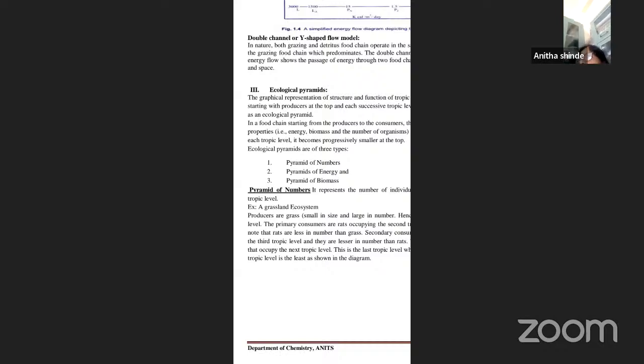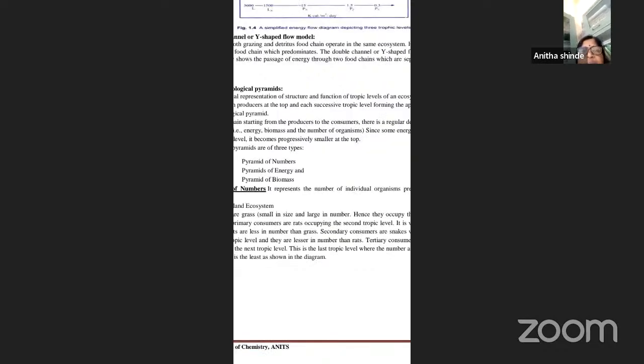There may be 4 to 5 rats, so compared to grass, the number of rats is less. They occupy the next trophic level and are called primary consumers. In turn, these rats are eaten by the secondary consumers.